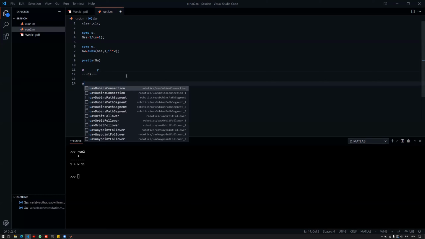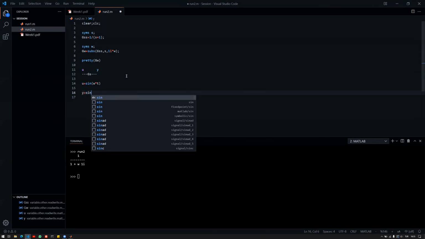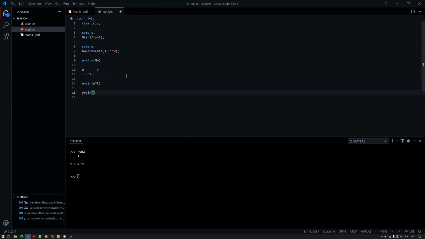If we choose u as sine omega t, then the output, interestingly, is again a sinusoidal wave. It's still sine. And if you're familiar with the frequency domain, then you would know that the frequency only changes if the sources change, or the frequency of the source changes.